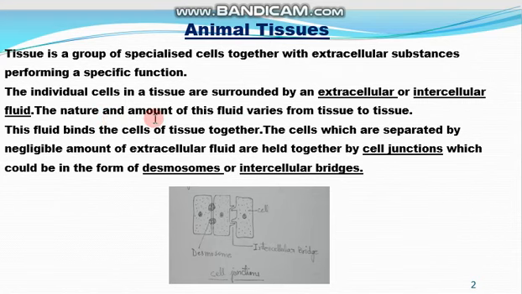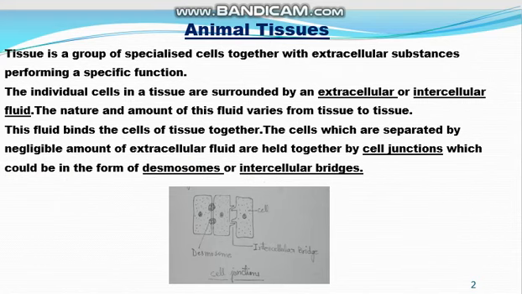And the nature and amount of this fluid varies from tissue to tissue. And this fluid binds the cells of tissue together. The cells which are separated by negligible amount of extracellular or intercellular fluid, they are held together by cell junctions, which could be in the form of desmosomes or intercellular bridges.